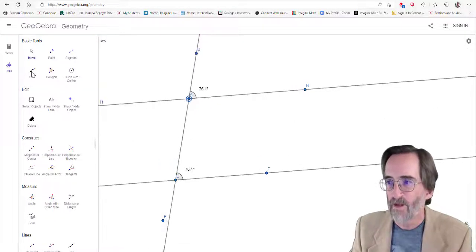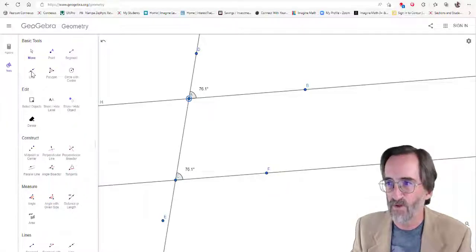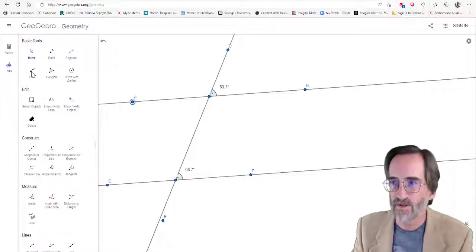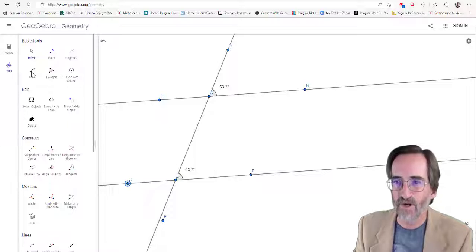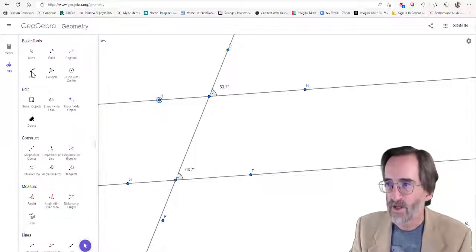And you remember the vertical angle theorem. Vertical angles are congruent as well. So let's shorten that up here, and let's measure some other angles. So HAC, 63.7.